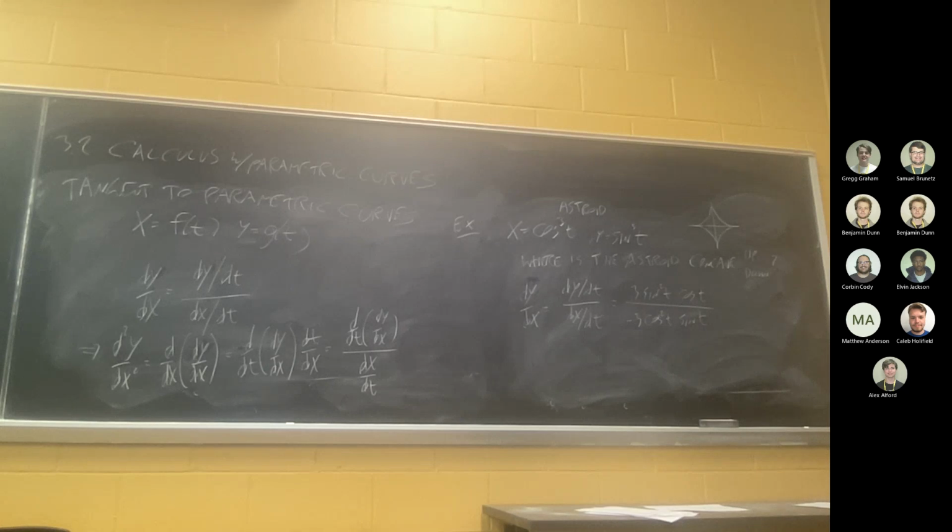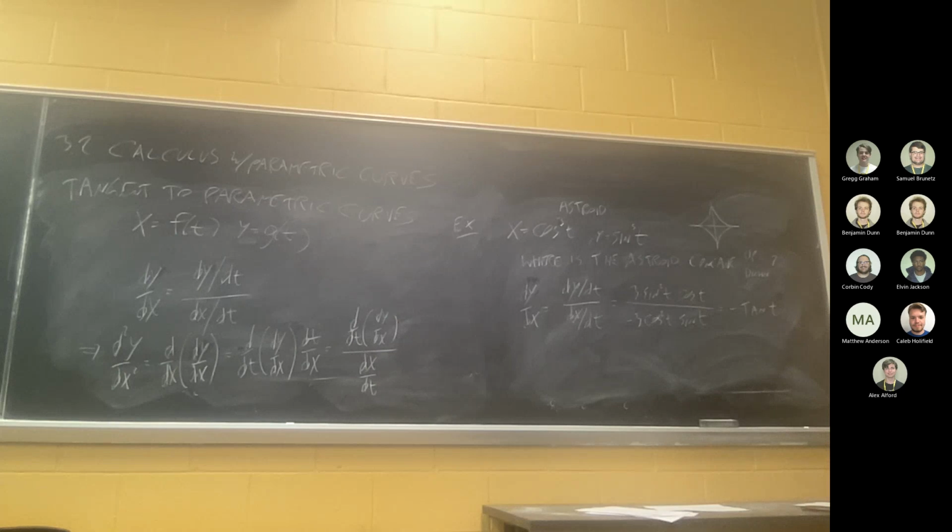The 3's cancel. There's a sine canceling from one of these, and a cosine canceling from one of these. So you end up with minus tangent of t, after you cancel everything that you can.